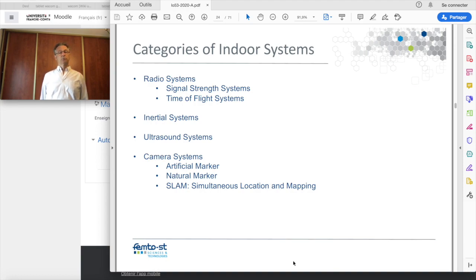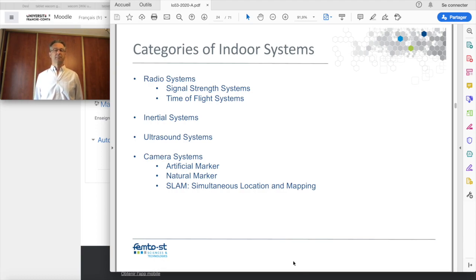So in order to do indoor localization, you need to use some input. You need to use specific techniques such as a radio system, inertial system, ultrasound system, or camera system.